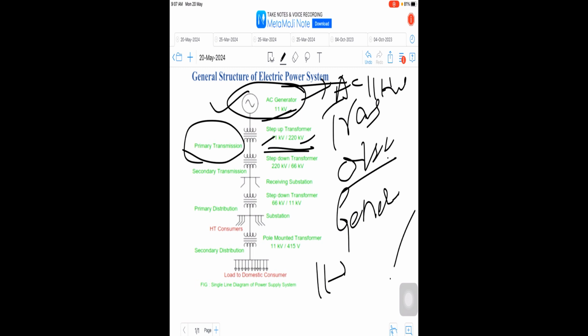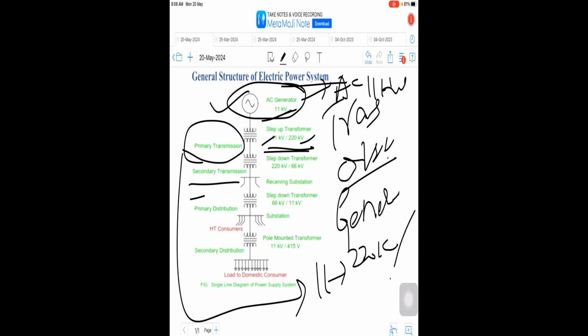So 11 kilovolts is increased to 220 kilovolts, and it is called as primary transmission. Primary transmission is wherein the transmission of the power is being carried out. For the purpose of transmission, the voltage is generally increased.